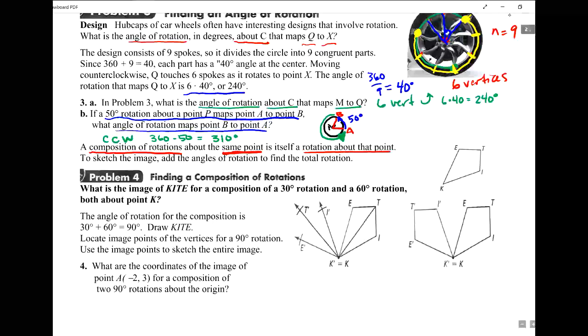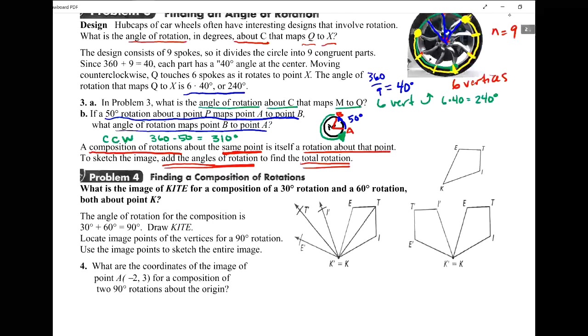Remember when we did 9-1, we said that composition of transformations is more than likely just another transformation in itself. So what we do is add the angles of rotation to find the total rotation, which makes perfect sense.